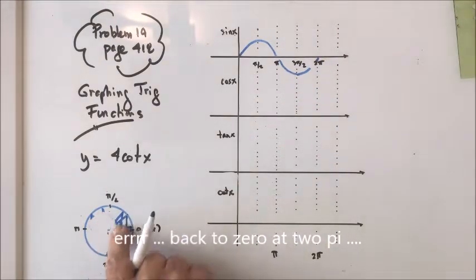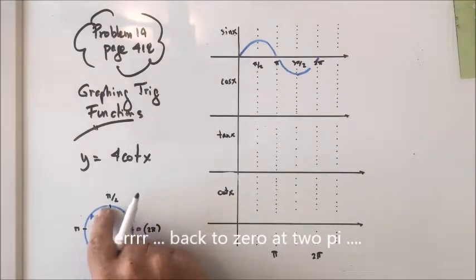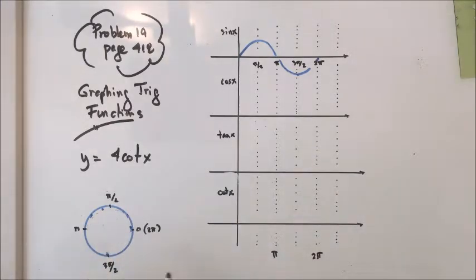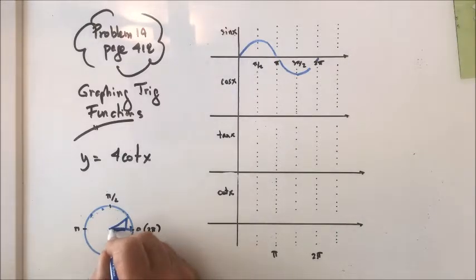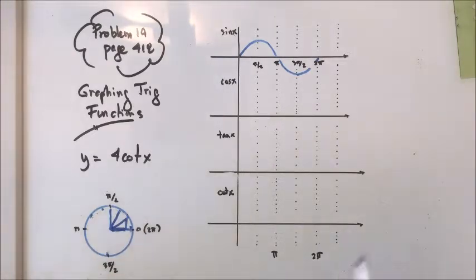Let me see if I can make use of this to draw the cosine now. The cosine near 0, its length along the x-axis, is about 1. It starts to decrease as theta increases until it gets to pi over 2, at which point it is equal to 0.